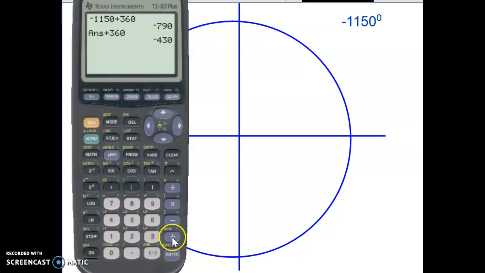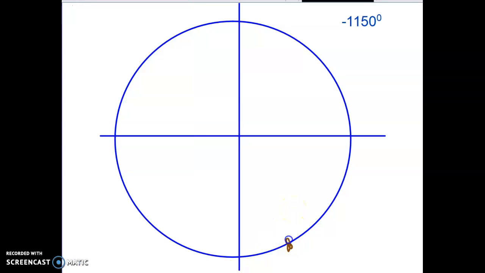I'm still not there, so I'll do it again. Plus 360, just removing my trips around the circle. Okay, so I'm at negative 70. So think about where that's going to be. If I'm right here on the initial side of my angle, and I go in a clockwise direction 70 degrees, well, this is 90. So 70 degrees is going to be here. So that is negative 70 degrees.